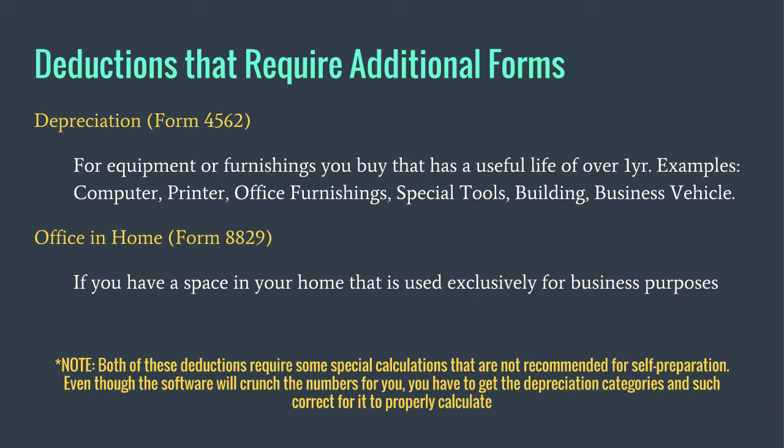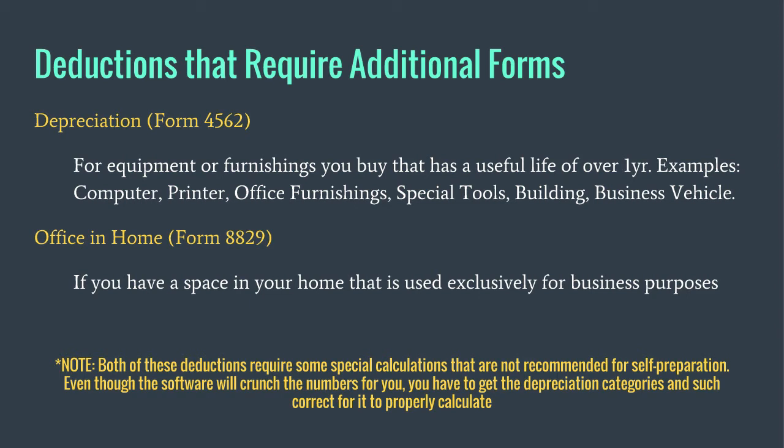If you bought a building or an office building or a building to use for your business, or you bought a car for your business that's just your business vehicle, those sort of things are going to need to be depreciated. And you're going to have to fill out this form, and it's a little bit more complicated, and there are different types of depreciation. So there's a lot more involved there.